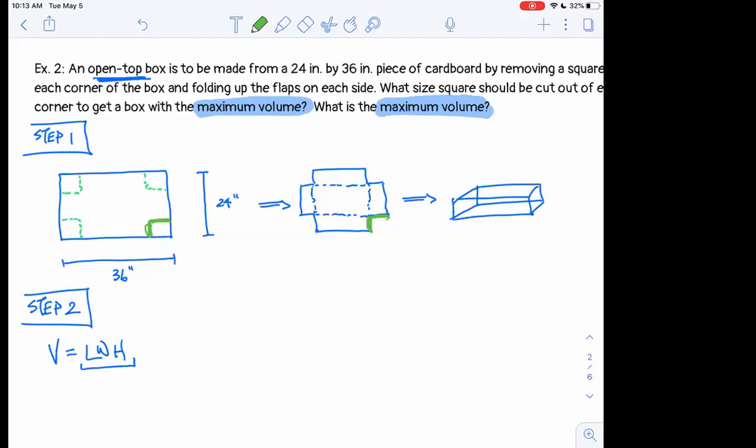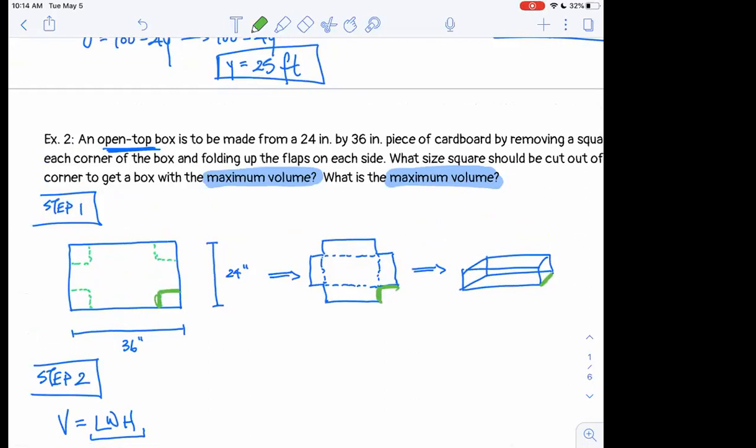When you fold the edges up, it should become this edge. Okay, so the square that I cut out, the size that the square is actually tells me how tall the box is going to be. So the bigger the square, the taller the box. The smaller the square, the shorter the box.